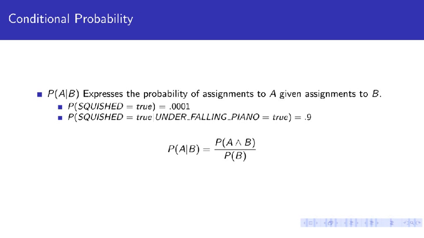So here's this example. The prior probability on a given day that I will end up being squished is very, very small, right? So 1 in 1,000 or 1 in 10,000. But if you give me this piece of additional information that I happen to currently be standing underneath a falling piano, that changes my belief in the probability that I will be squished today. It raises that probability up to 0.9.